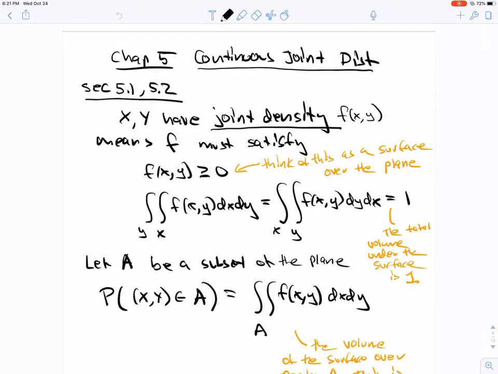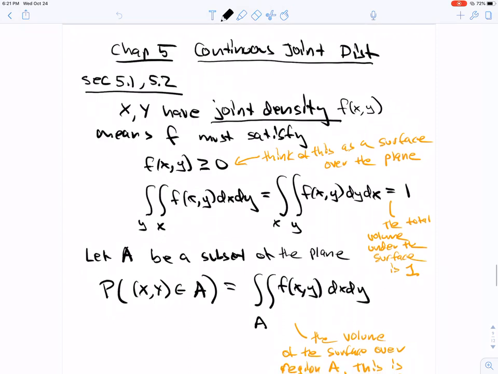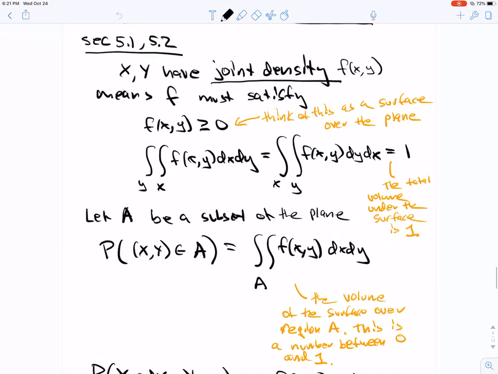Great. So then we started talking about the continuous joint distribution. So say this is really a generalization of the discrete case. We have x and y joint density. f of x,y is a non-negative function. You can think of it as a surface over the plane, and the integral of this surface is 1, so the volume over the plane has to be 1.